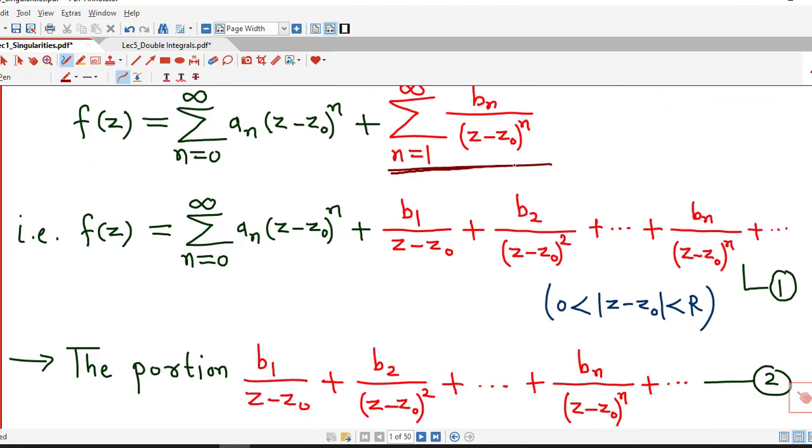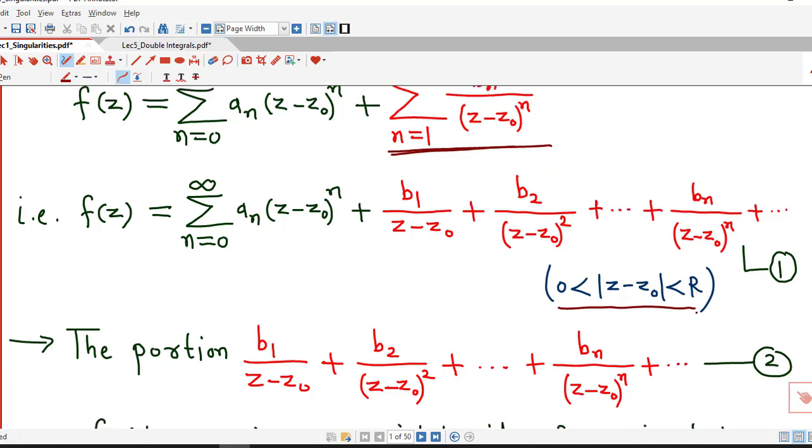We can rewrite this as, if we put n equal to 1, we have b1 over z minus z0 plus b2 over (z minus z0) squared and so on. Suppose the nth term is b_n over (z minus z0) raised to n, and this Laurent series expansion is valid in this deleted neighborhood of z0.